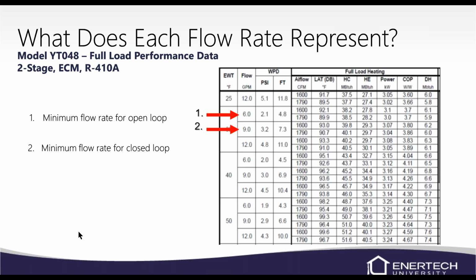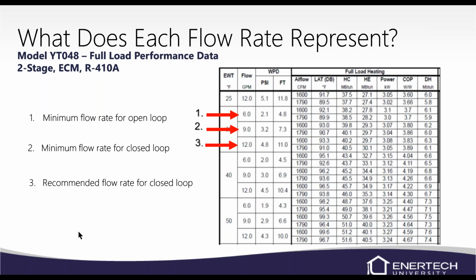Our next flow rate is the minimum flow rate for a closed loop system. The minimum flow rate for a closed loop is 2.25 GPM per ton. So this would be 9 GPM on a 4-ton system. 4 times 2.25 is 9. The final flow rate listed is the recommended flow rate for a closed loop, which is 3 GPM per ton.